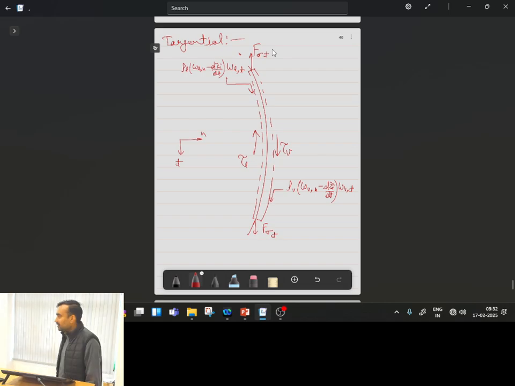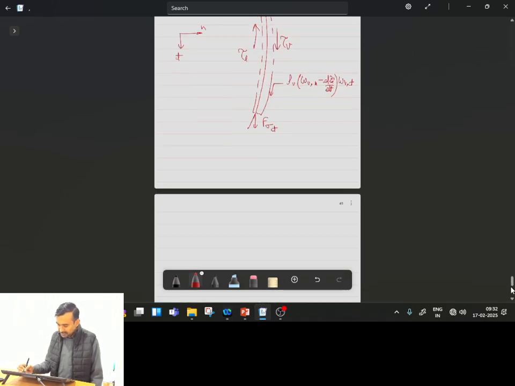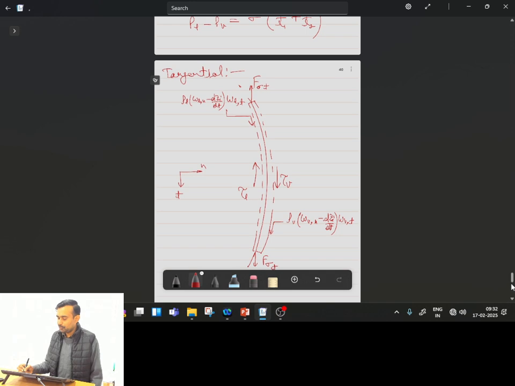Anything else we are missing? If we are not missing something, now we have to do the balance again.